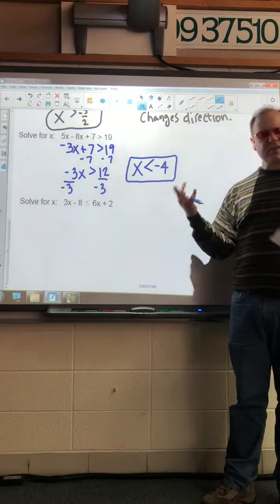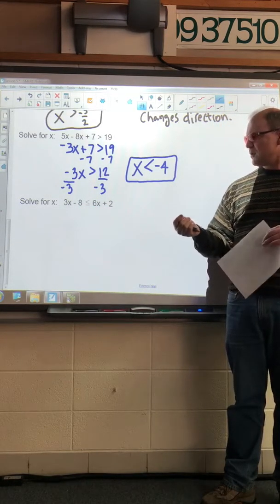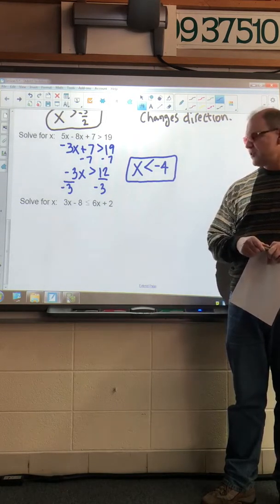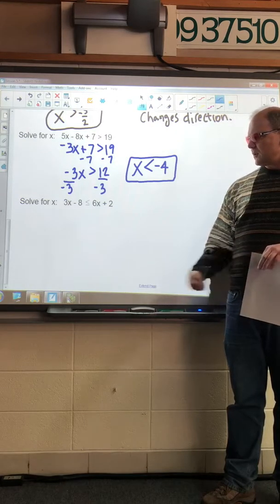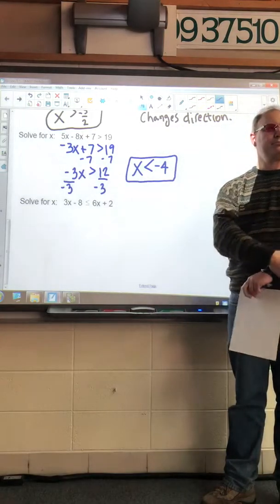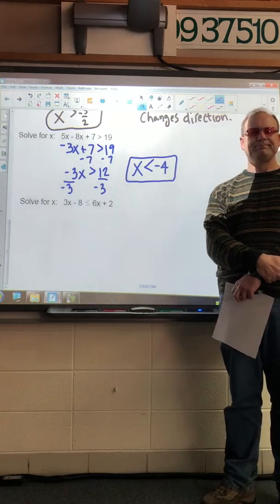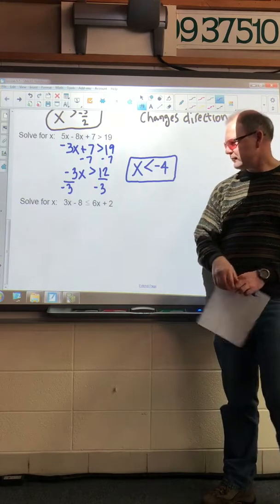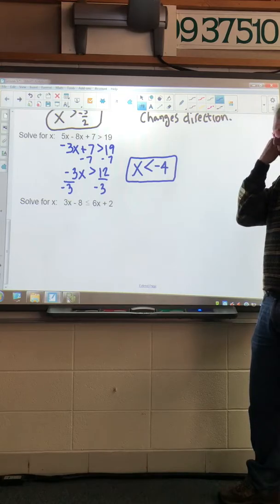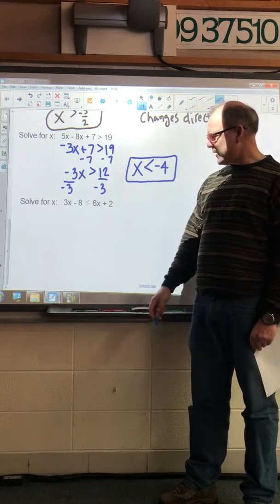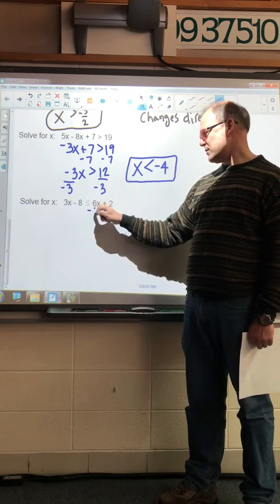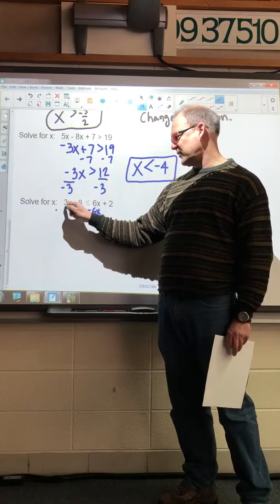So now we've got x's on both sides of the equation. So treat it like you would any equation as far as solving for x. And just keep track of your inequality sign and go from there. Okay, so we'll do this a couple of different ways. So let's say you started by subtracting 6x.